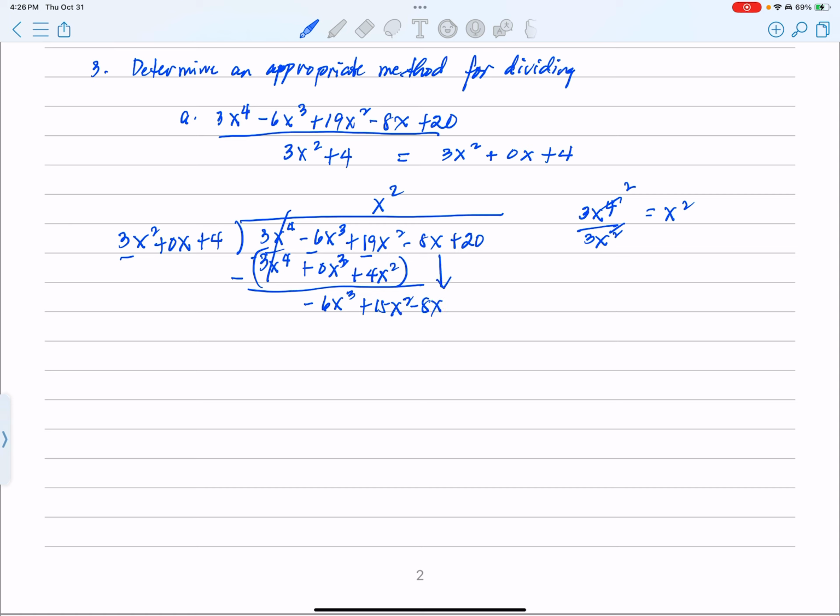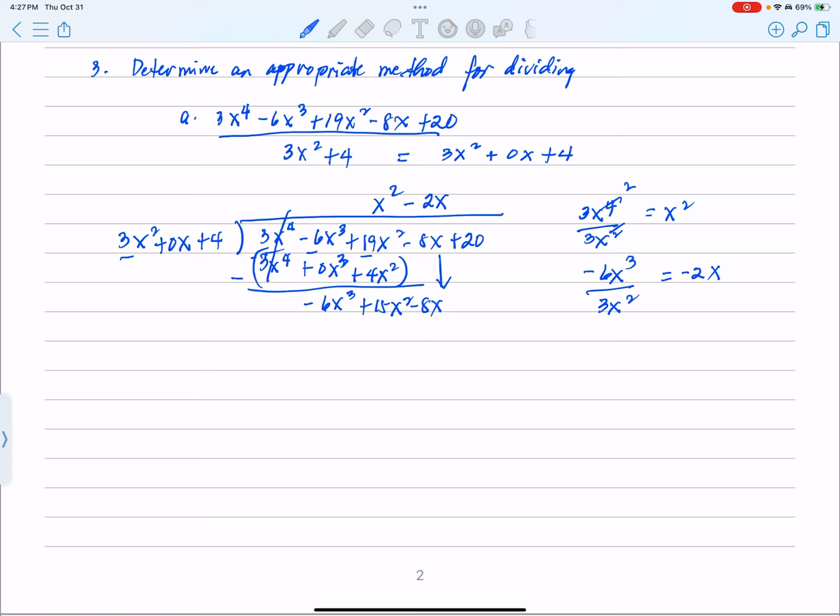So let's do this. Negative 6x cubed divided by 3x squared. Negative 6 divided by 3, that's negative 2. x cubed divided by x squared, that's x. So we are going to write down the negative 2x at the top. Multiply back.